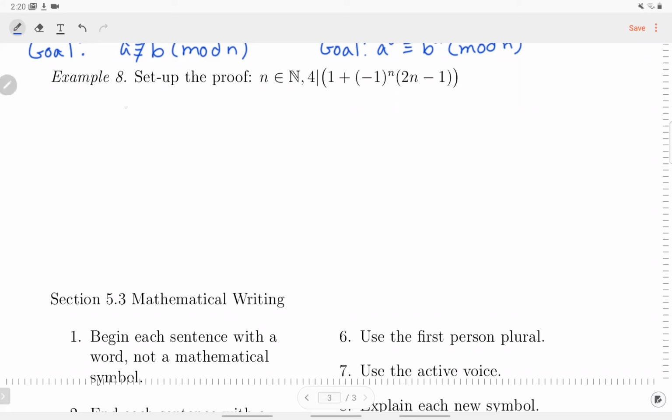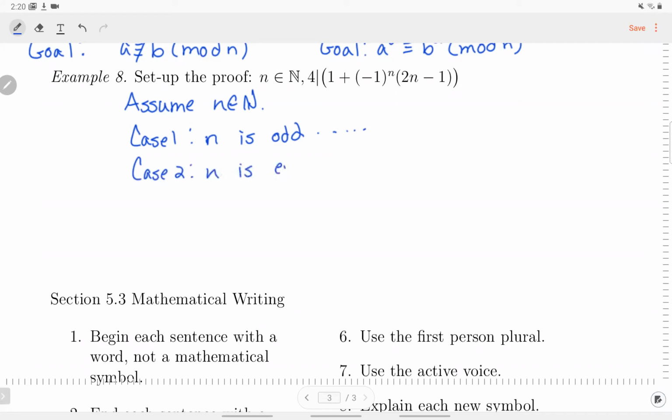So this one, the setup, you'd say assume n is in the natural numbers. Case 1, n is odd, and so on. Case 2, n is even, and so on.